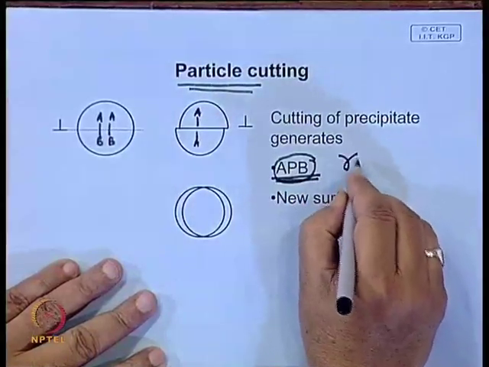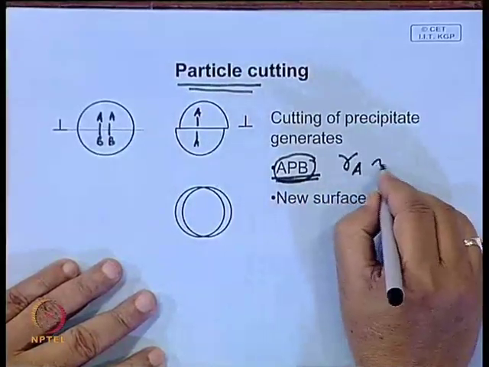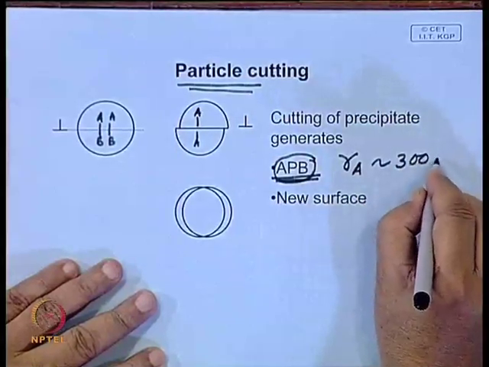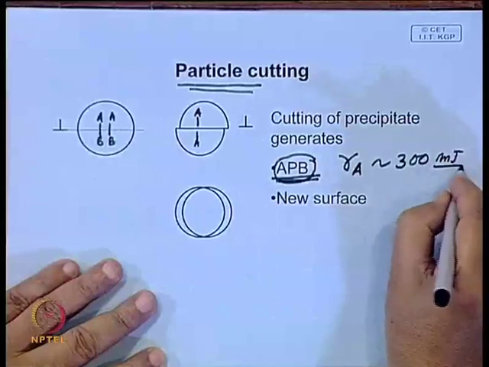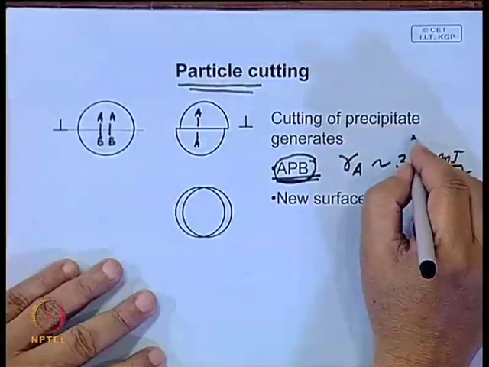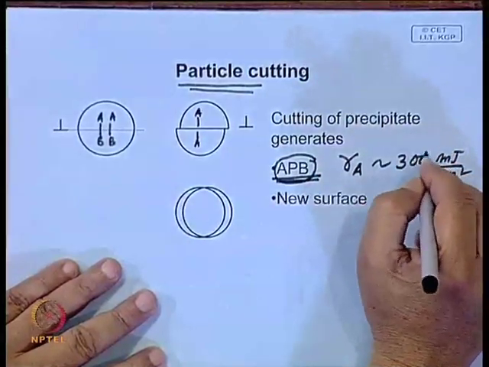This can be quite large, around 300 millijoules per meter squared, whereas for a coherent precipitate we have seen maybe one tenth of this.